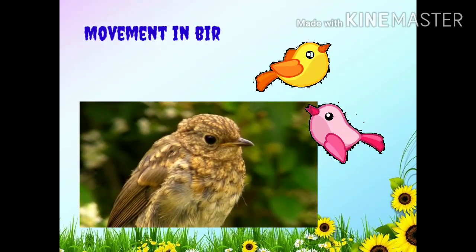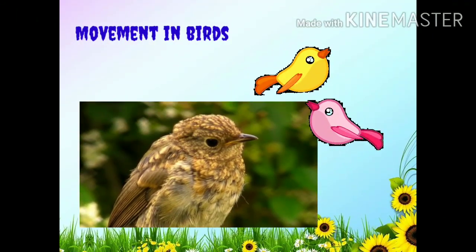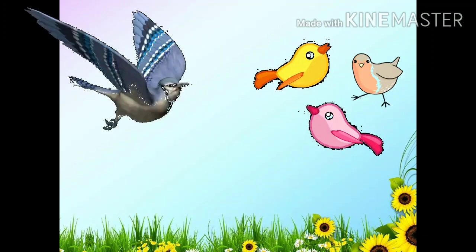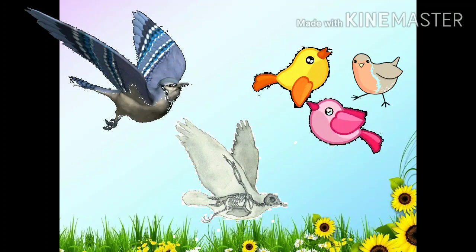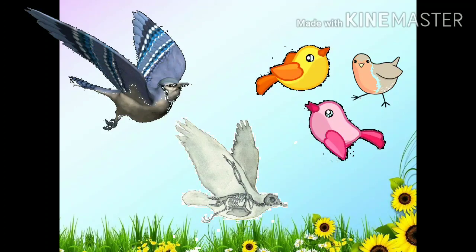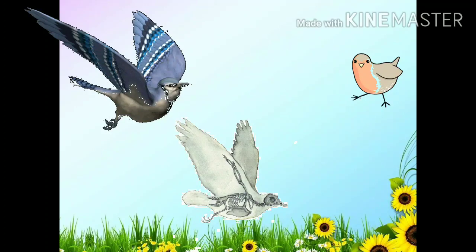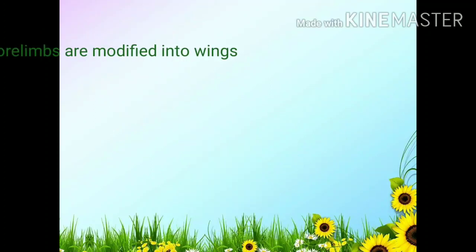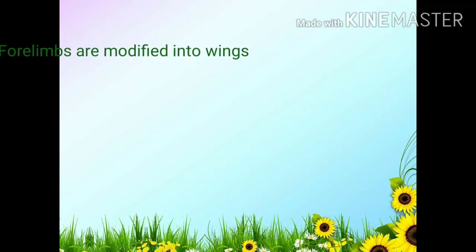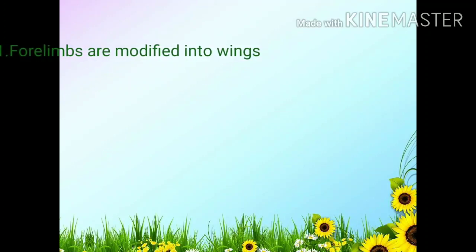Next we will learn about movement in birds. The skeleton of a bird is designed to allow flight. Let's see some features of a bird's body. Four limbs are modified into wings that help the birds to fly. Four limbs are actually the front limbs.